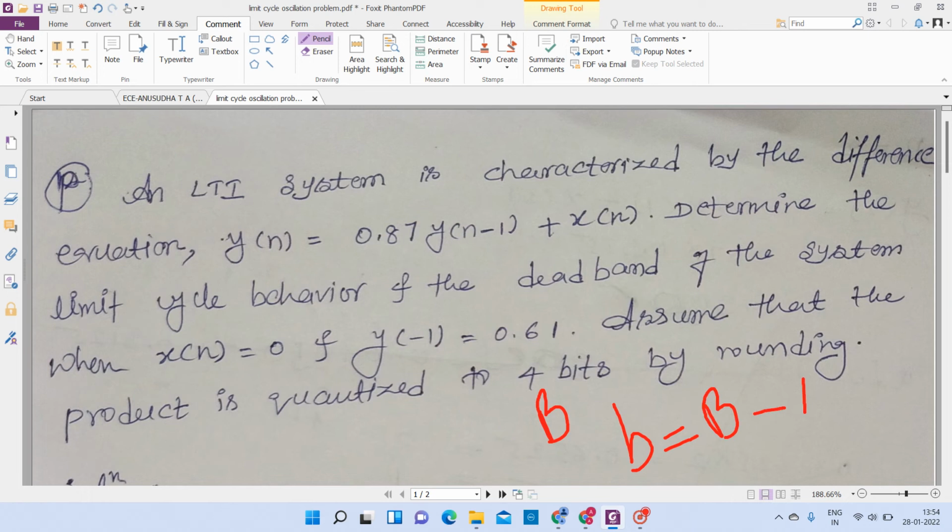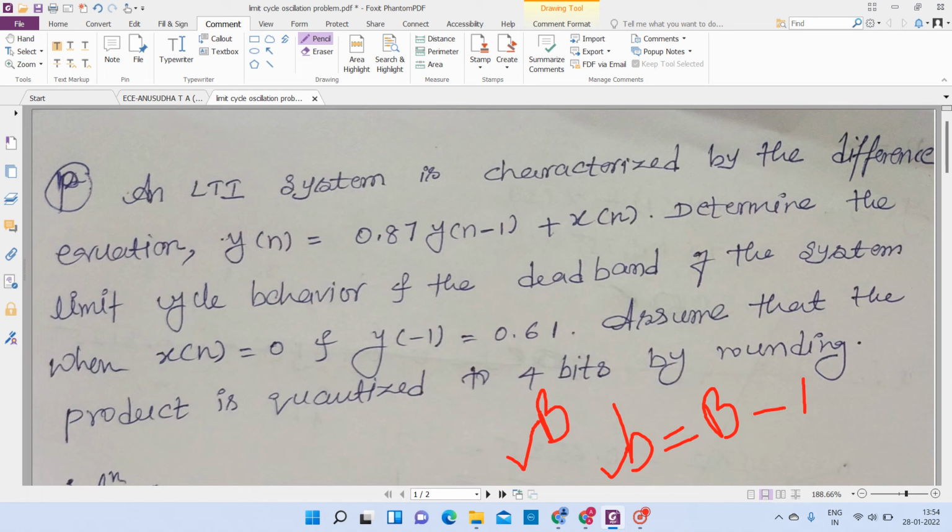Here they have not mentioned whether it is a small b or capital B. You can take either value, capital B or small b, but be careful while writing the equation of the deadband, because there are two different equations for the deadband, with respect to capital B or small b.